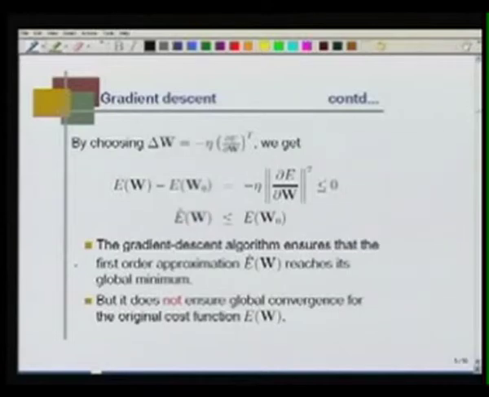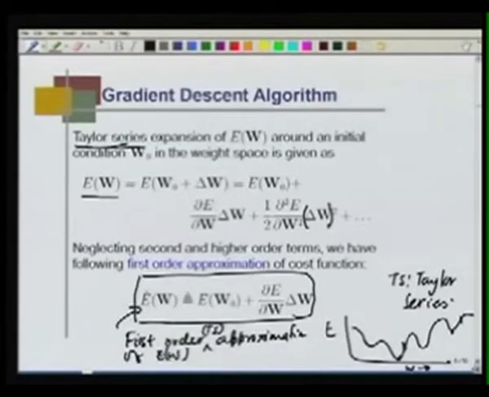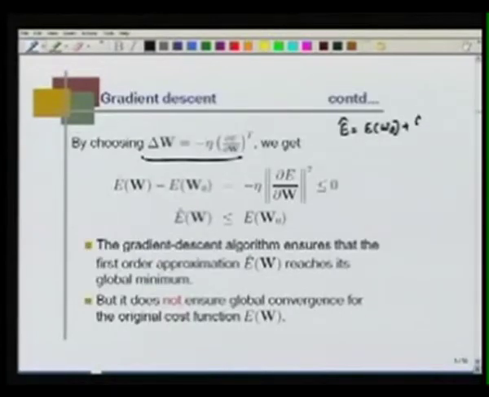Now if I replace delta W with this particular expression in the previous expression, E hat is E(W naught) plus del E upon del W times delta W, replace this delta W by minus eta del E upon del W transpose.